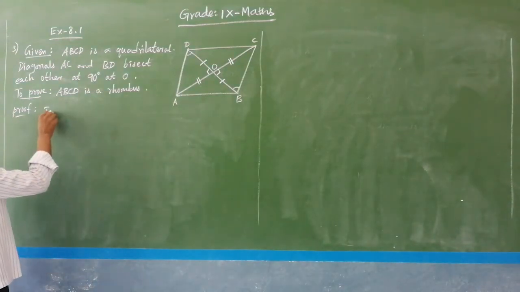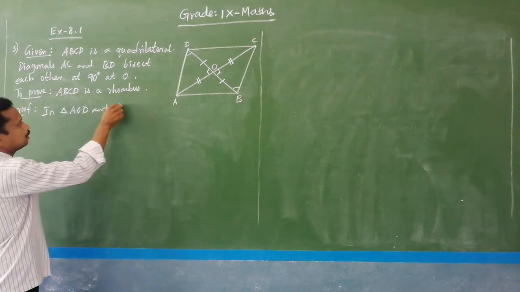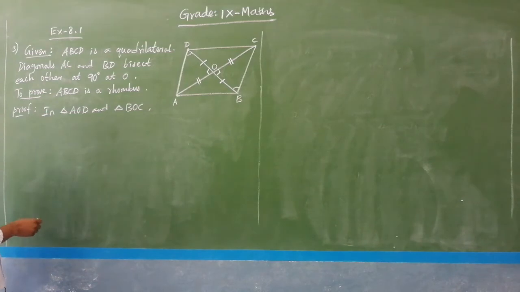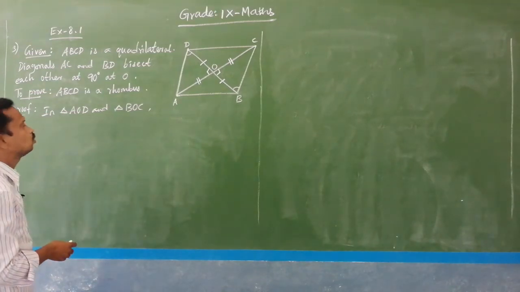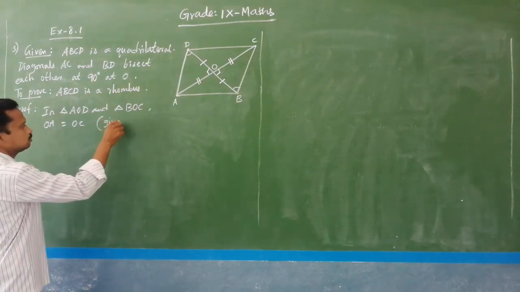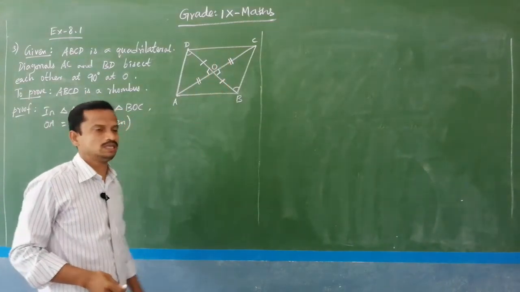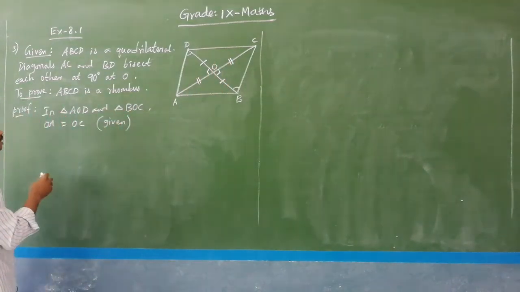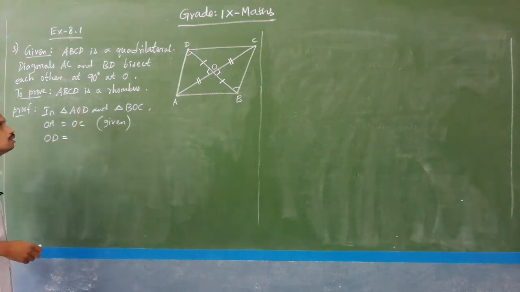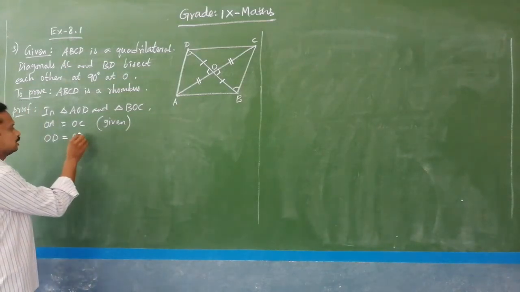So, in triangle AOD and triangle BOC, we have OA equal to OC. It is given because diagonals bisect each other at right angle. So, OA is equal to OC. I already have marked it there, and from AOD another segment is OD, and OB is from the next triangle.